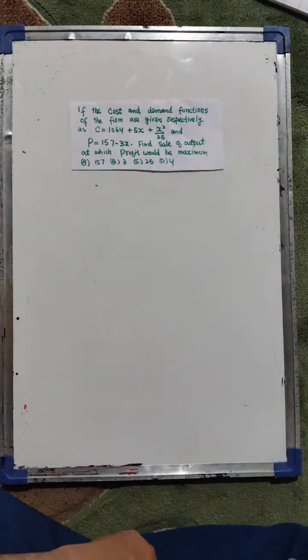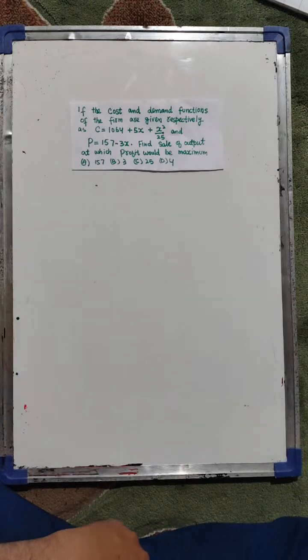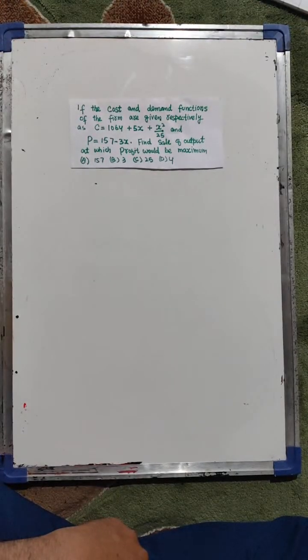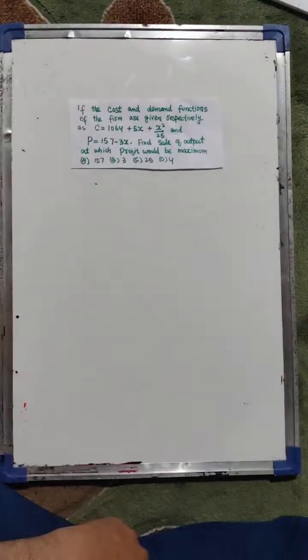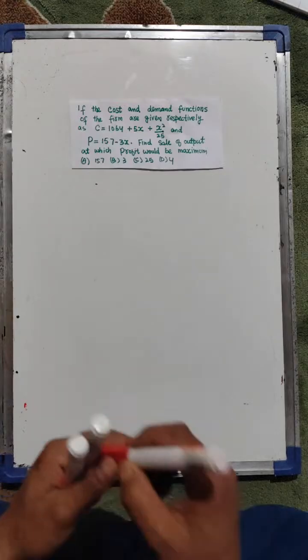Okay, so this is the profit maximizing question. Let me see if the setup is correct. I'm not able to change the orientation here, so let us take it as it is.